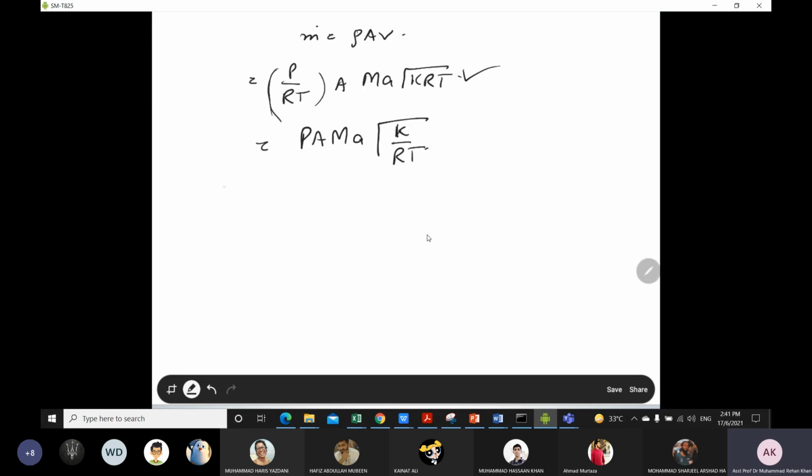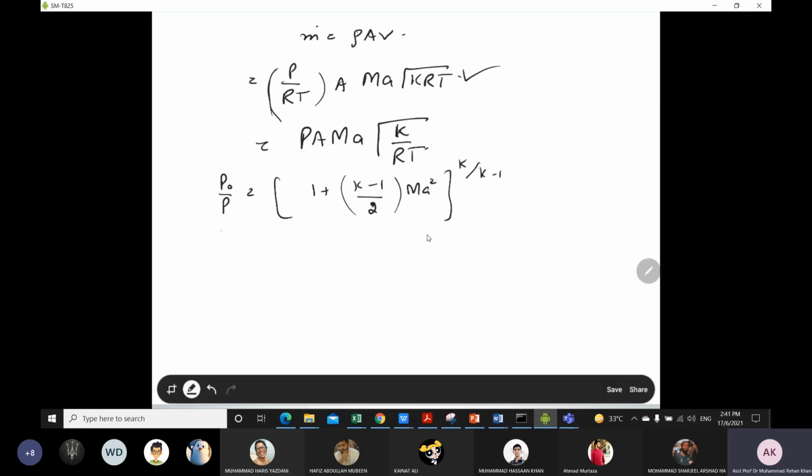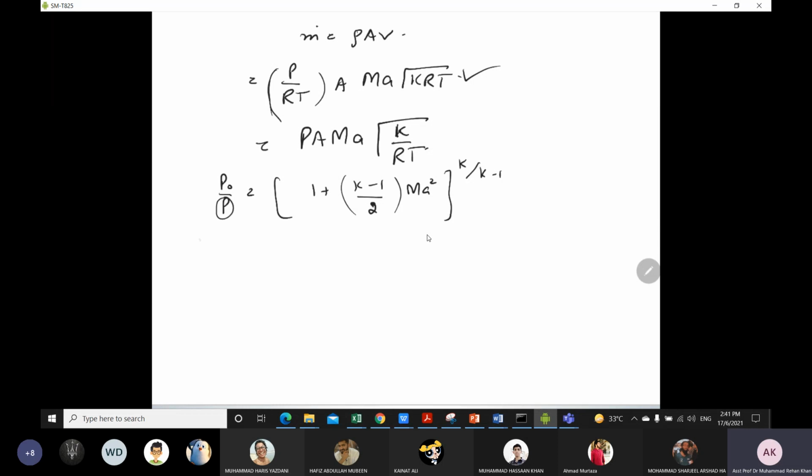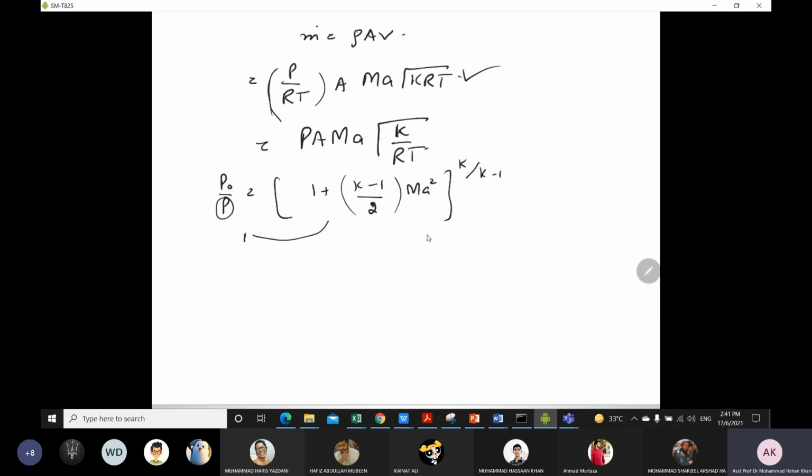These P and T come from the stagnation properties equation. P naught by P, you already know, is 1 plus K minus 1 divided by 2 Mach square, to the power K divided by K minus 1. From here, if you want to find the P value, simply take this P on the right hand side, and this whole term becomes the denominator.